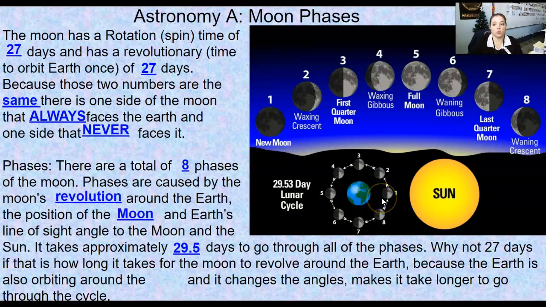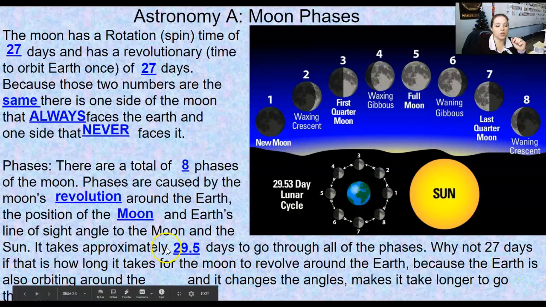But it doesn't, because remember, we're spinning, we're rotating, and we're revolving around the sun. Meanwhile, the moon is also spinning and rotating around us. So it makes a nice delicate balance for both the moon and us, making it roughly 30 days.